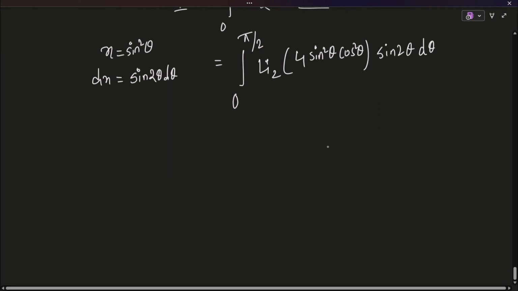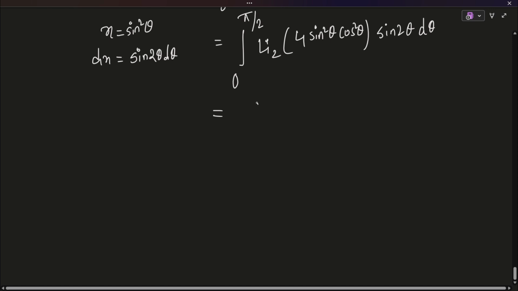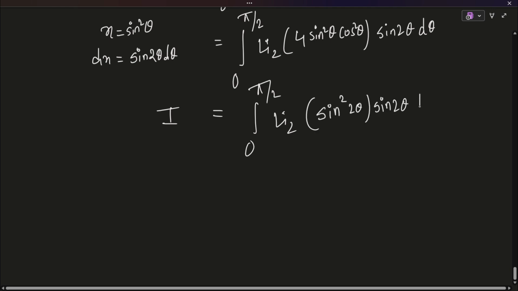Okay, now this can be written as I equals integral from 0 to pi by 2 of Li2 of, now this is again (2 sine theta cos theta) whole square, which is nothing but sine square of 2 theta, into sine 2 theta d theta.